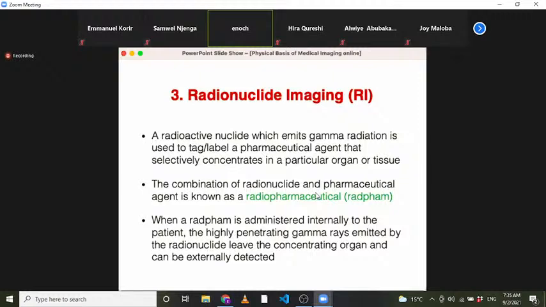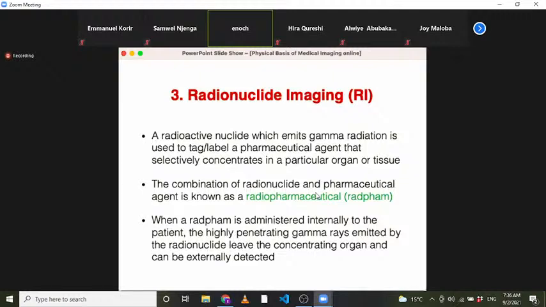Okay, so a radionuclide is introduced into the subject. Sometimes there are instances where it is introduced by itself, like radioactive iodine, which can be introduced to the thyroid gland, because the thyroid gland has an affinity for iodine. So we replace the non-radioactive one with a radioactive one, and it will selectively concentrate. Otherwise it is combined with a pharmaceutical component.